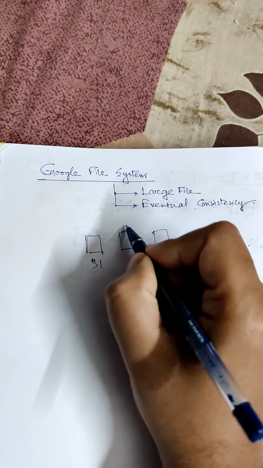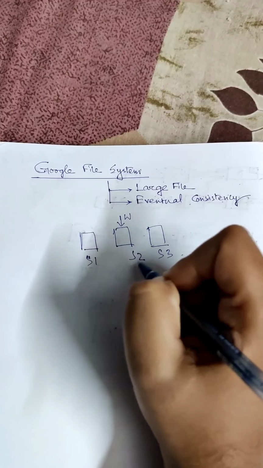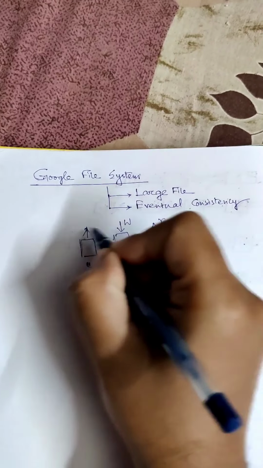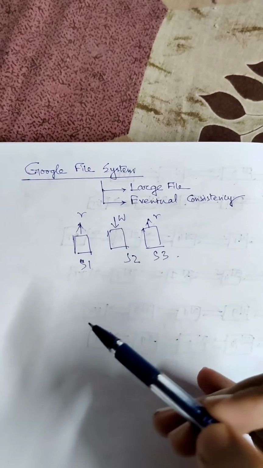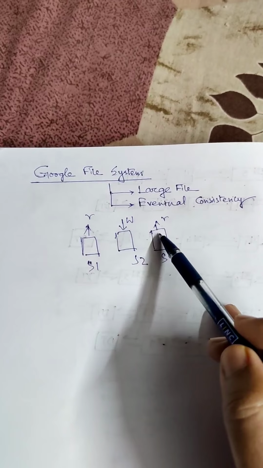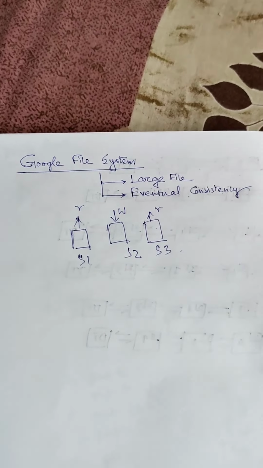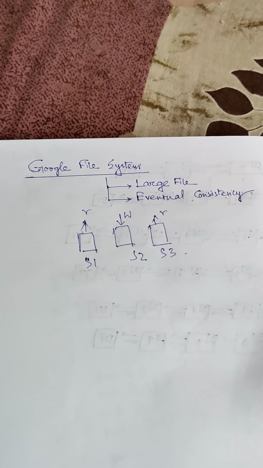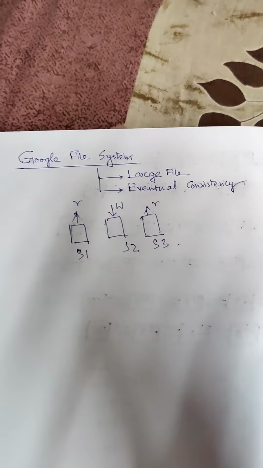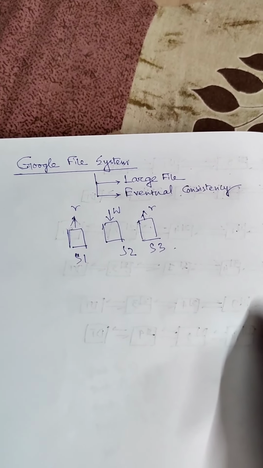Now if any read or write operation is going on server 2, then server 1 and server 3 can go with any type of write operation, and that is allowed. What does it mean? It means it is not guaranteed that every piece of information will be in sync. Rather, it goes with eventual consistency behavior. That is the main fundamental point we would like to cover here.